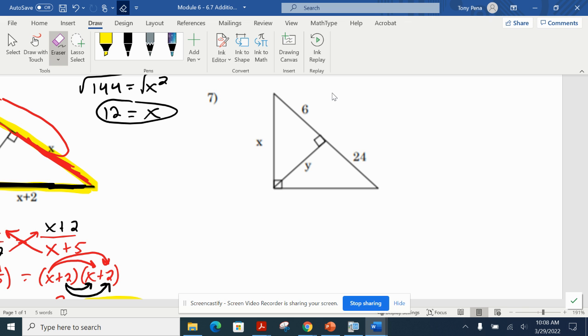And since this is the side that we're solving for, it is adjacent to, so immediately adjacent to, which is what? The entire side is here. You'll add them.